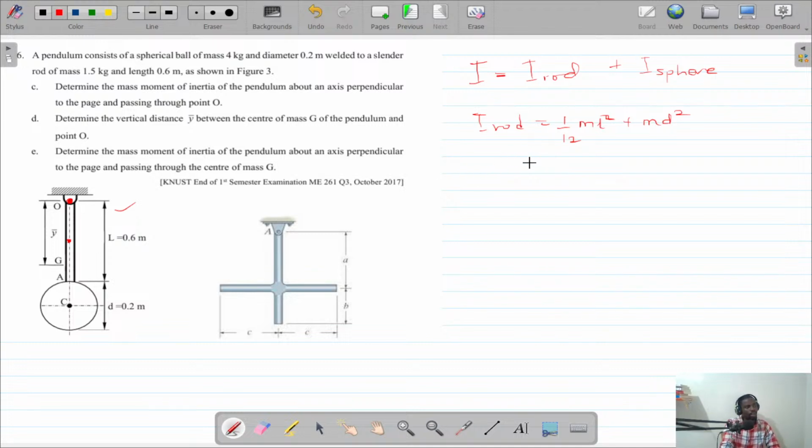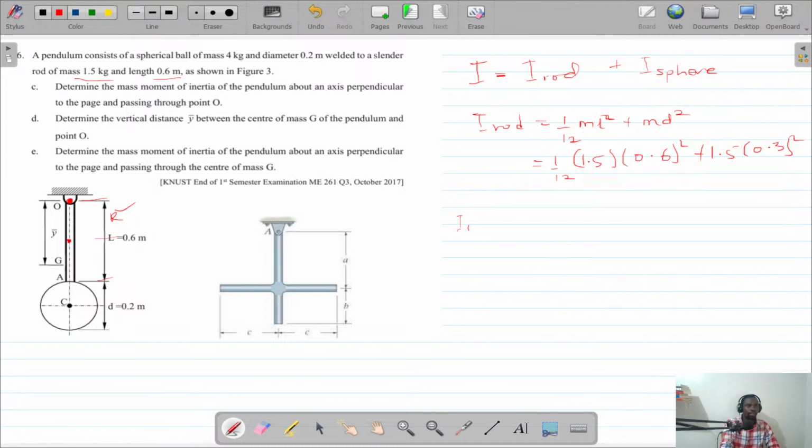Now the rod mass is 1.5 kilogram and the length is 0.6, and you know the distance from here to here is half of the length, which is our d. So that gives us 1/12, and the mass 1.5 times 0.6 squared plus 1.5 times 0.3 squared.